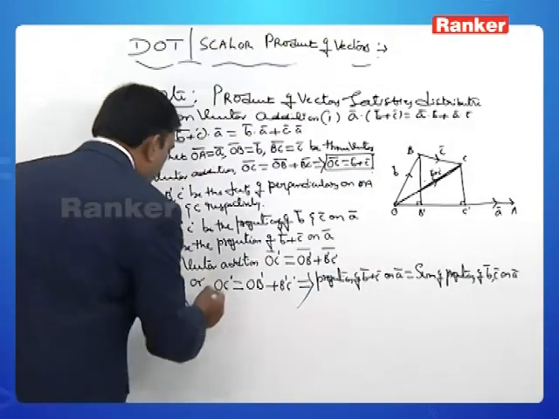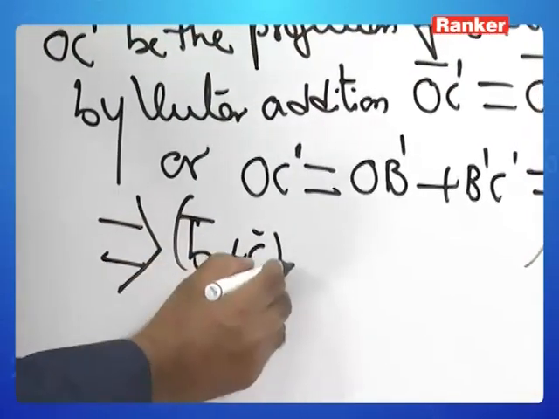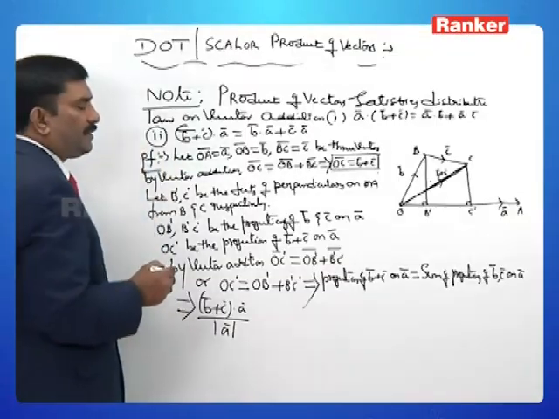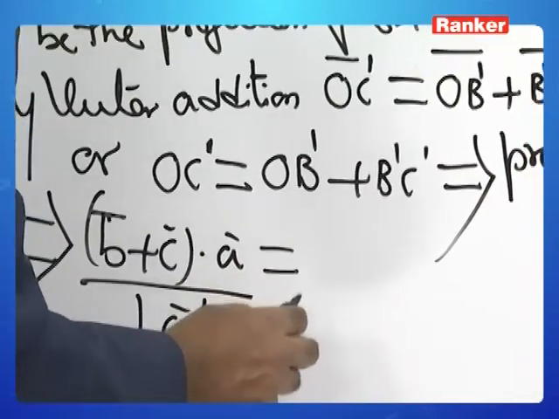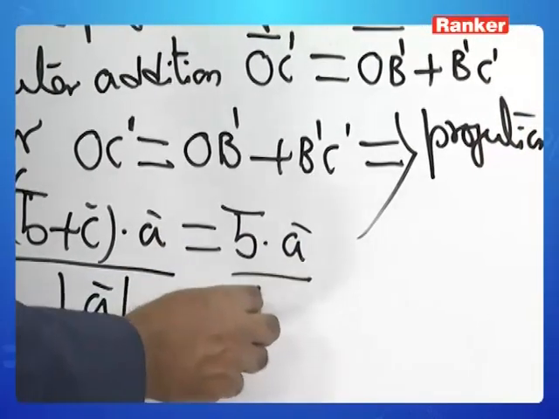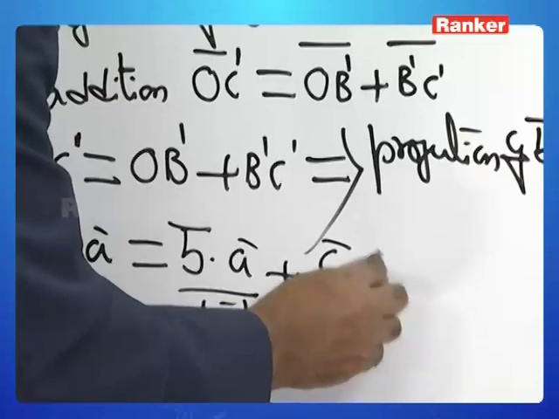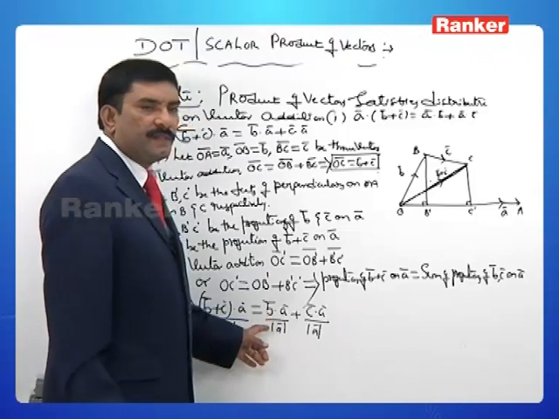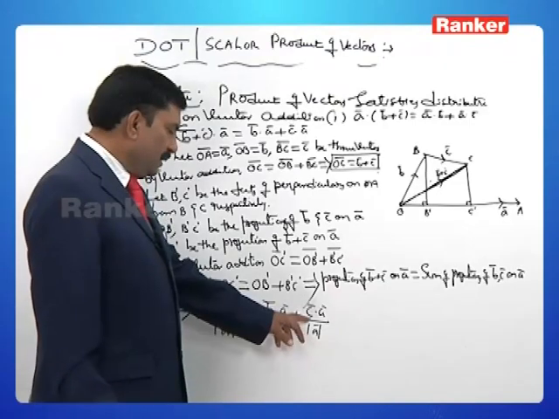So, therefore, now I can write B bar plus C bar dot A bar by modulus of A bar is equal to B bar dot A bar by modulus of A bar plus C bar dot A bar by modulus of A bar. What is this? This is the projection of B on A. What is this?